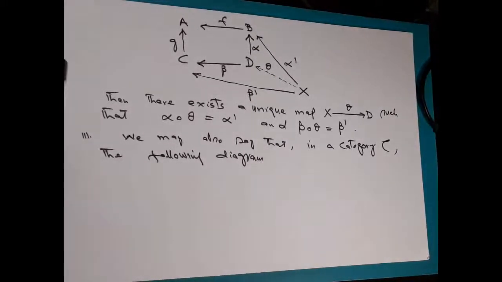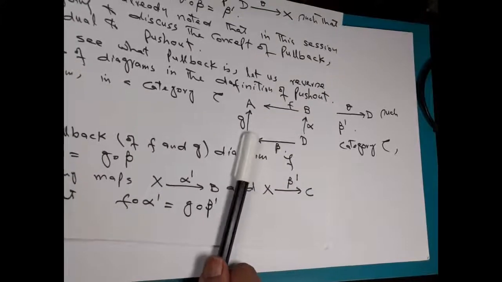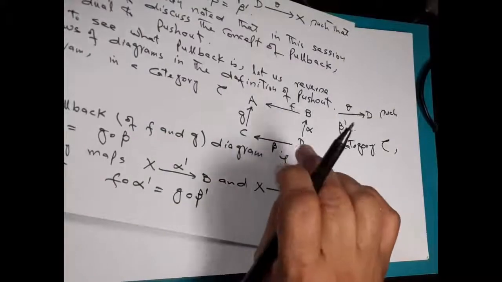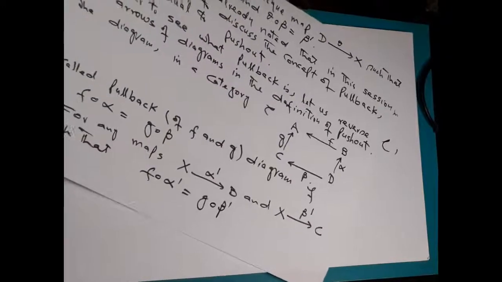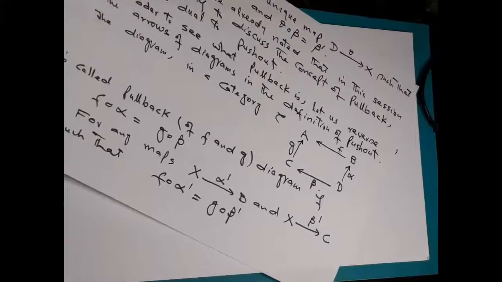Let me show you the diagram of pullback we have discussed. This is the diagram of pullback we started with. I'm going to draw the same diagram; there won't be any difference except certain positions of the objects.